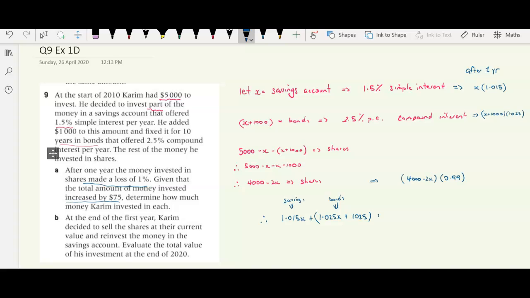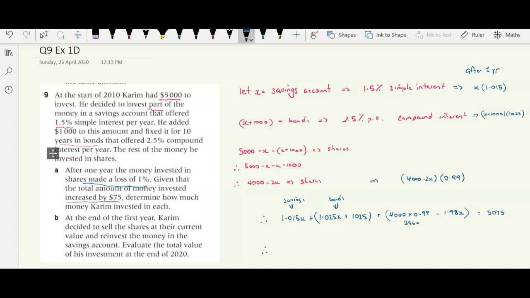And now we're going to add this 4,000 by 0.99 minus 1.98x. So there's our figure, and those amounts have to sum to 5,075 because we're told that there's an overall increase of 75 from 5,000. Okay, so we just need to solve this now for x.